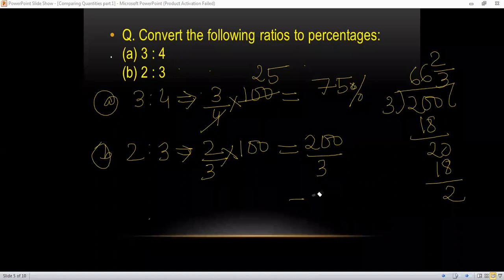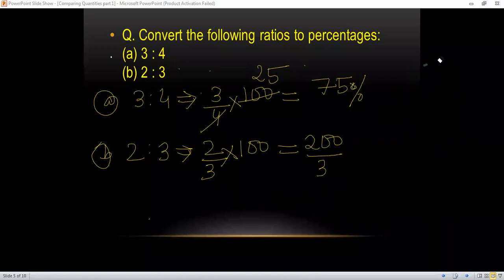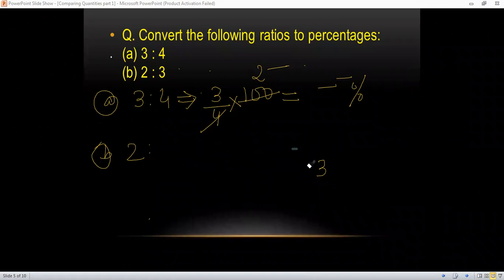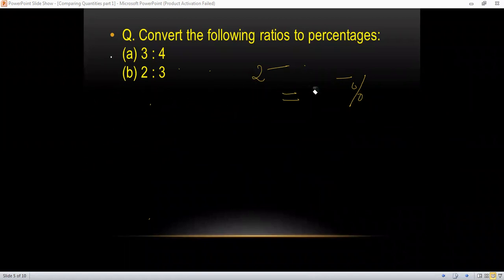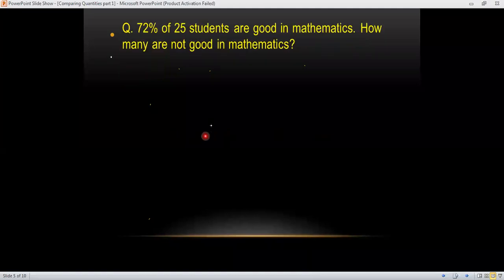Now we will solve few word problems related to ratio and percentage. Let's move. 72% of 25 students are good in mathematics.